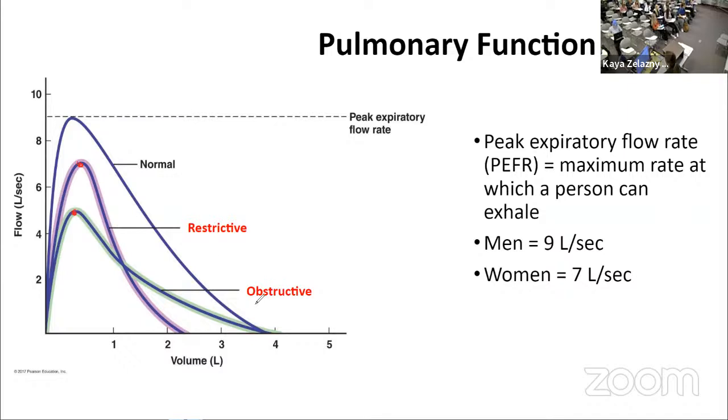But we can see in the obstructive disease, which is the one where we have the issue with resistance, right, that this is much lower. That flow is really impacted if we look at that peak expiratory flow rate. But we can also see that that total volume is eventually getting to kind of the same rate as our normal curve, versus with our restrictive disease, which is when we have issues with compliance, right?